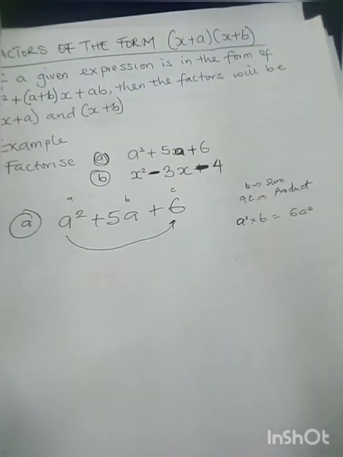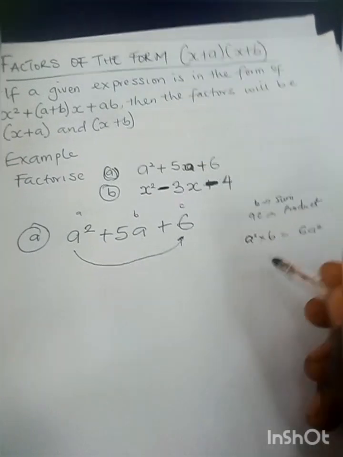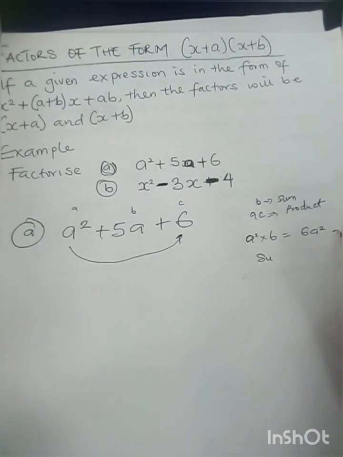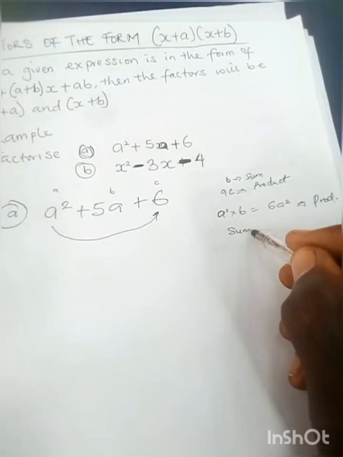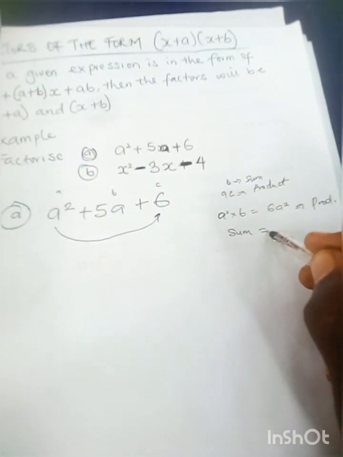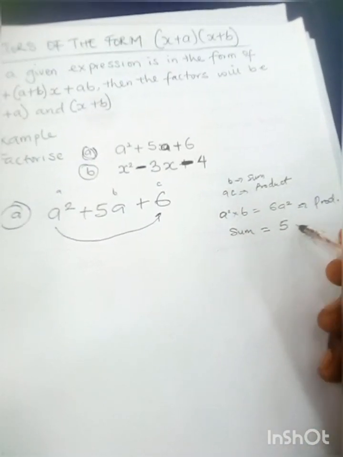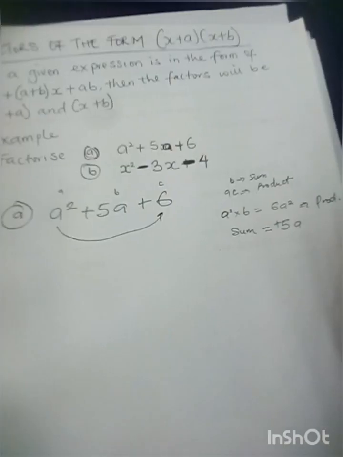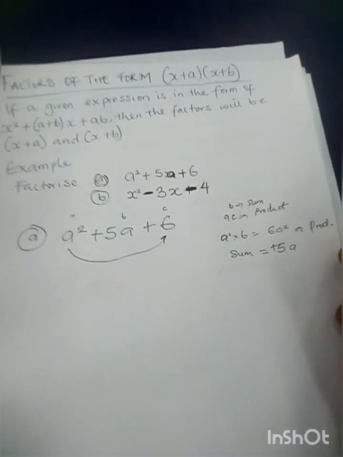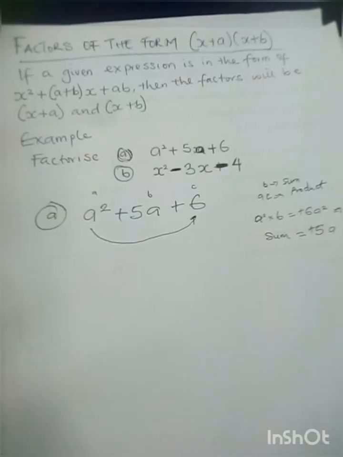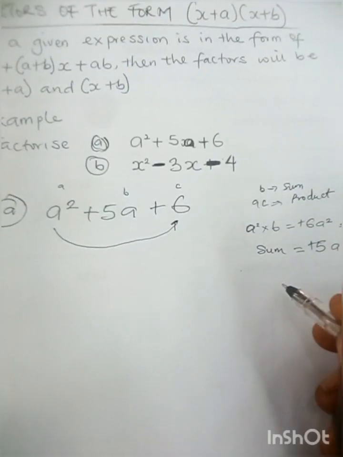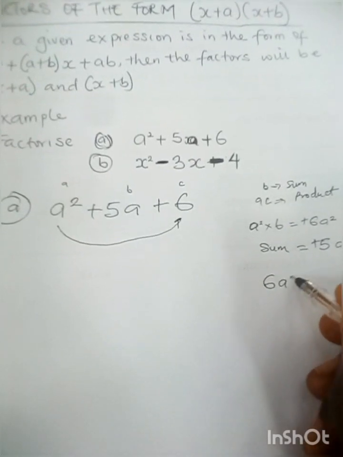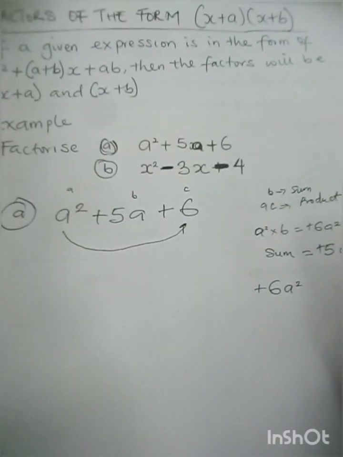Then the sum is 5a. Then the product is plus 6a squared. Now let's take it somewhere here by saying 6a squared, and we have 5a.